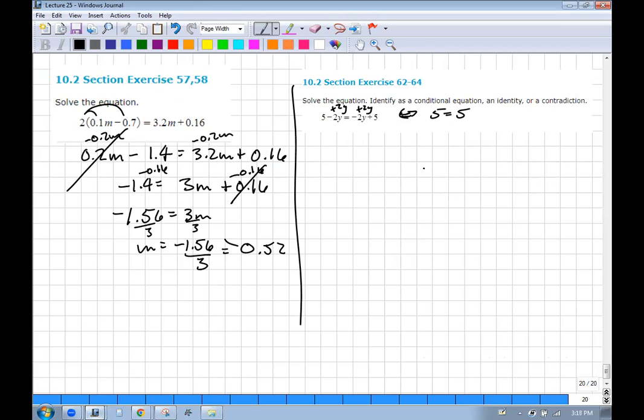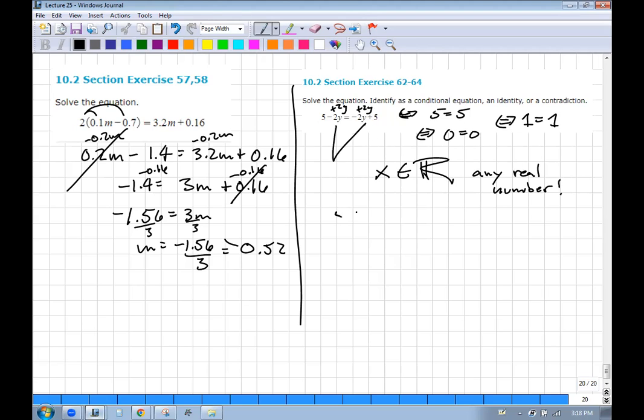The y's disappear, okay? And that's the same thing as saying 0 equals 0 or 1 equals 1, right? X is any real number at all. Any real number.